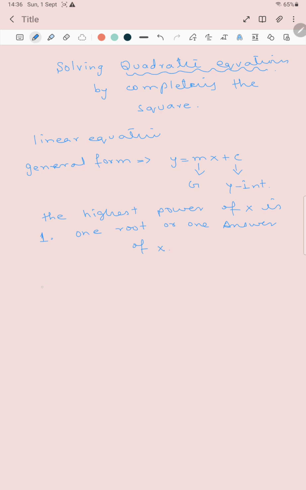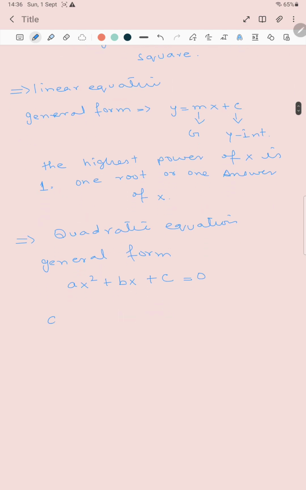But what is a quadratic equation? So see, the general form of the quadratic equation is ax square plus bx plus c equal to 0. If you are writing y is equal to ax square plus bx plus c, this is a quadratic expression.